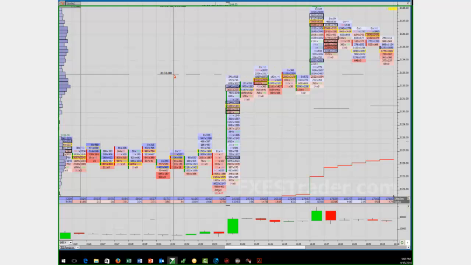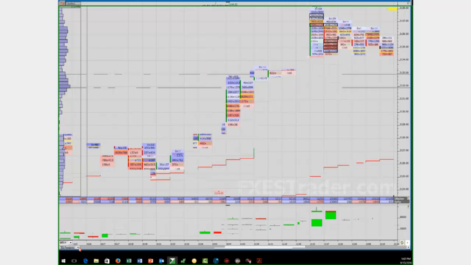You can certainly set this up in a 1 minute, 3 minute, 5 minute chart, and you can look at this on a 30 minute, which is really kind of what the market profile does as far as the 30 minute snapshots or candles.